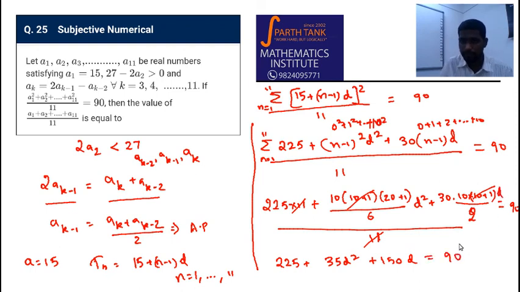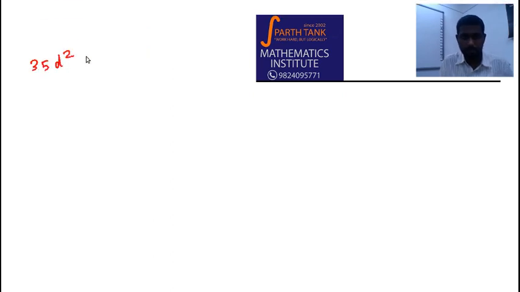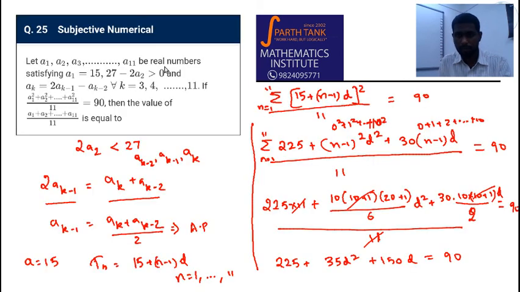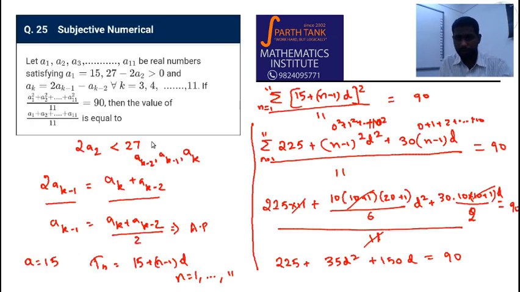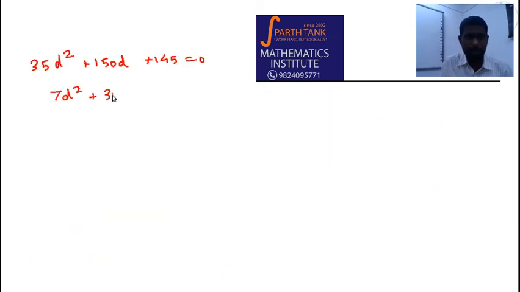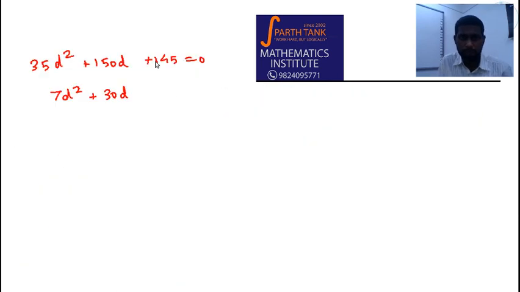is 90. Therefore, this on rearrangement gives me 35 d square plus 150d plus 145 is 0. Or if I divide by 5, I get 7d squared plus 30d, and then this divided by 5 is 29, 145, sorry, this is 135, and therefore it is 27.